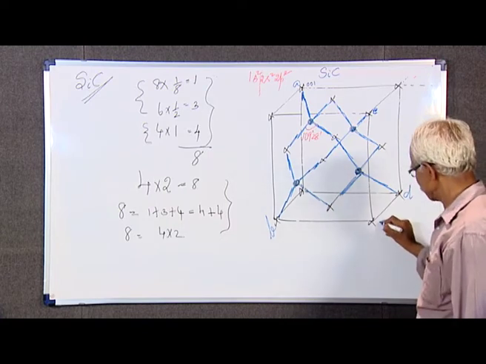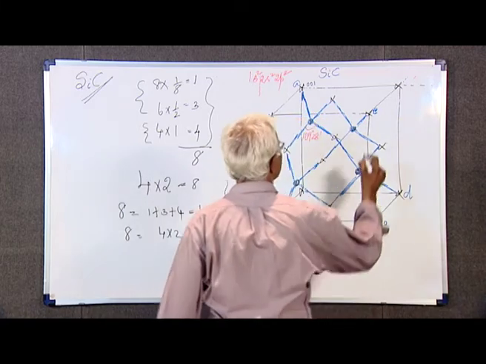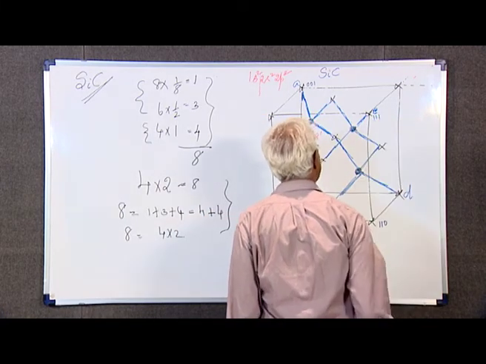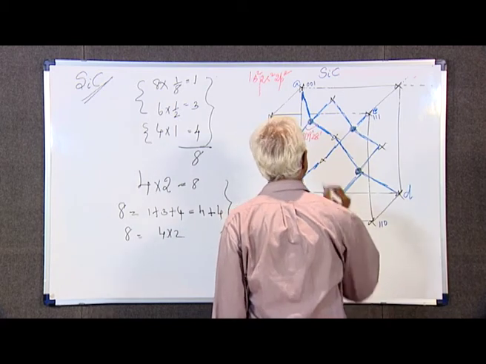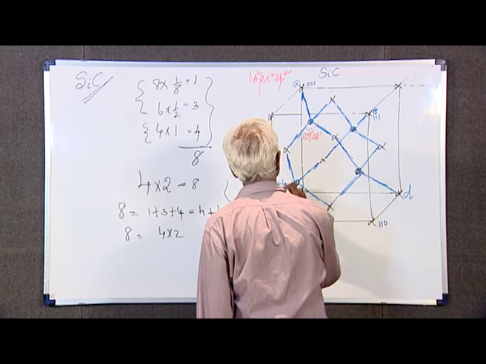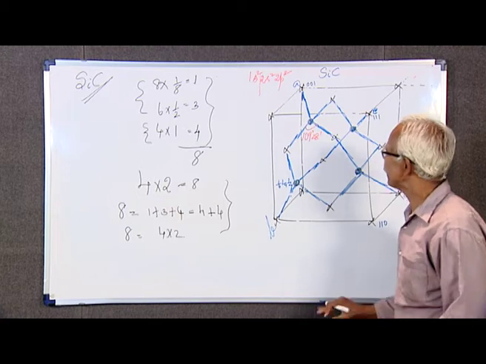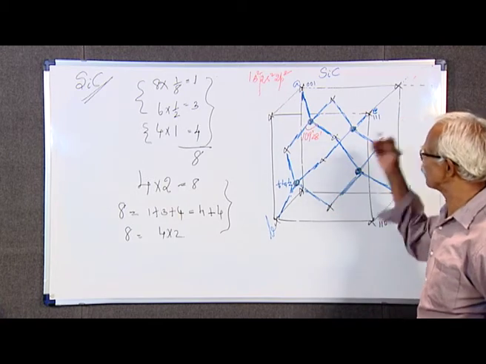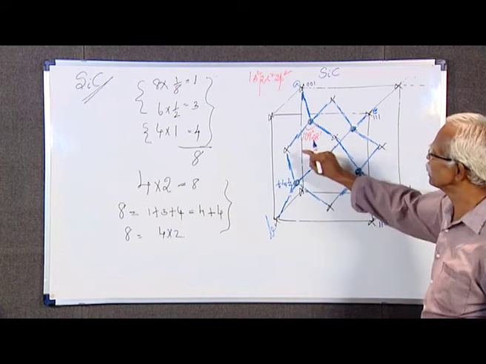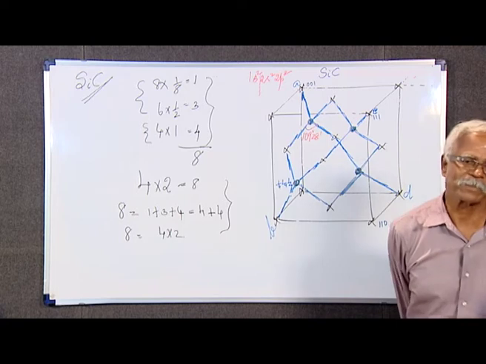Similarly, this is 1, 1, 0. You can verify this is 1, 1, 1, and this point is 1/4, 1/4, 1/4. So, with some time spent, you can chart the positions of all the atoms.